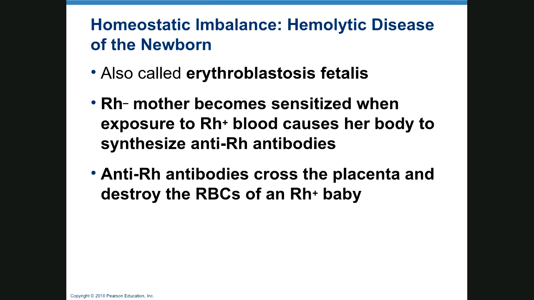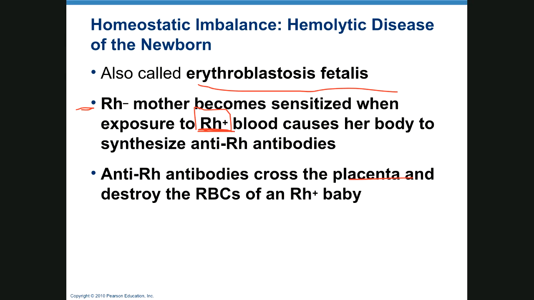erythroblastosis fetalis. An Rh negative mother has a baby with an Rh positive dad, and the baby is Rh positive. So it has Rh positive blood. So the Rh positive blood escapes into the bloodstream, it crosses the placenta, and the blood produces antibodies that destroy the baby's blood cells.